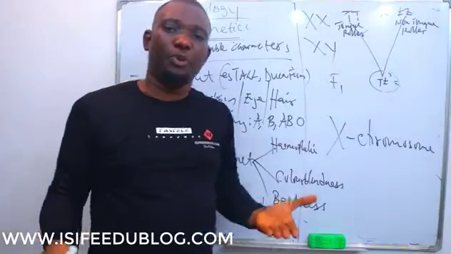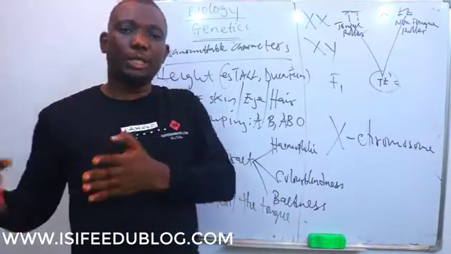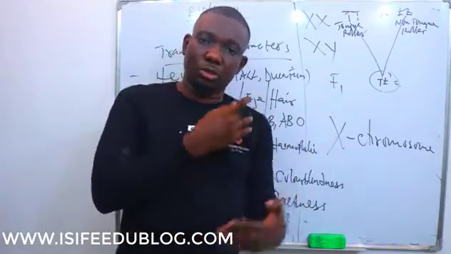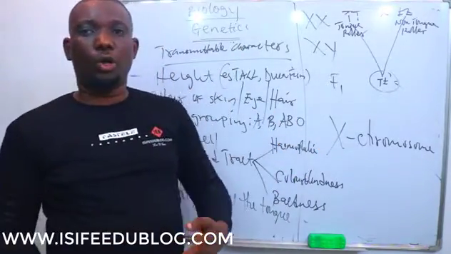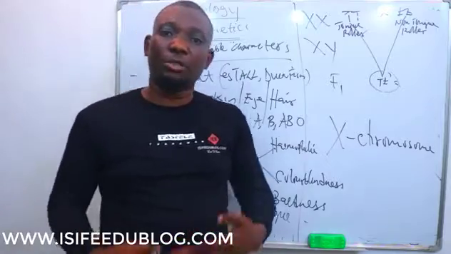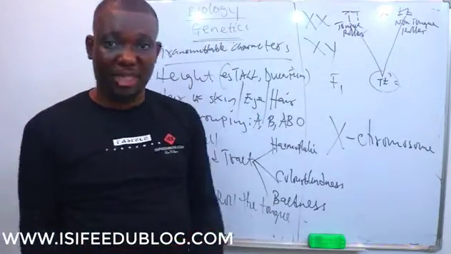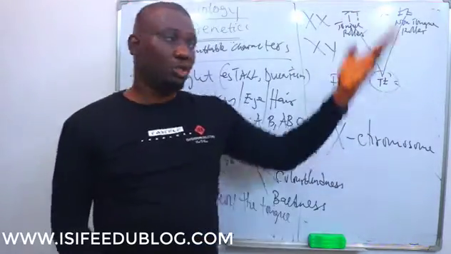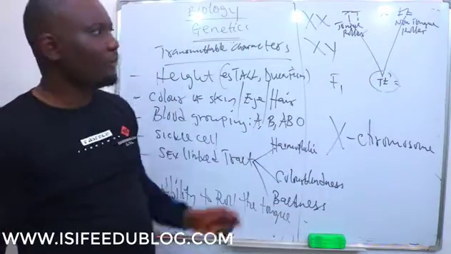So it is possible for a couple where one can roll the tongue and the other cannot roll the tongue that all of their offspring can roll the tongue. It is very possible because of what I just explained, the issue of dominance and the issue of recessiveness.